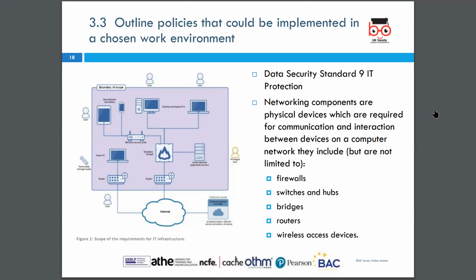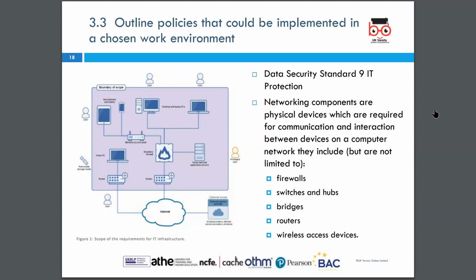When it comes to working in IT infrastructure, there are loads of policies that have to be respected and maintained in order for everyone to coexist and work together in the same environment. These policies include the data security standard, which is IT protection.